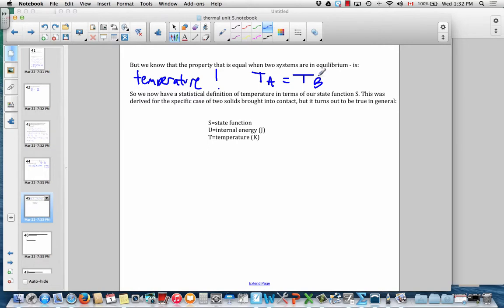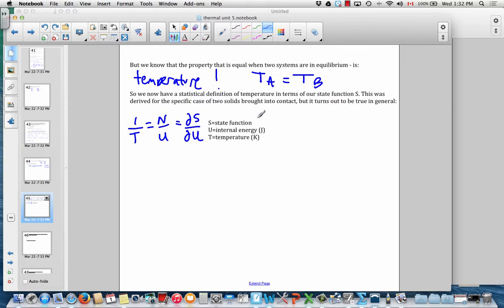So what that's telling us is we have a new definition of temperature. We have, if you like, a statistical definition of temperature related to the statistics of microstates. The temperature, well, we'll write its reciprocal in this way, is the derivative of this S function with respect to the internal energy.